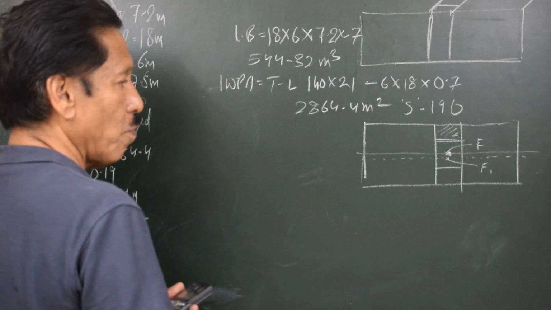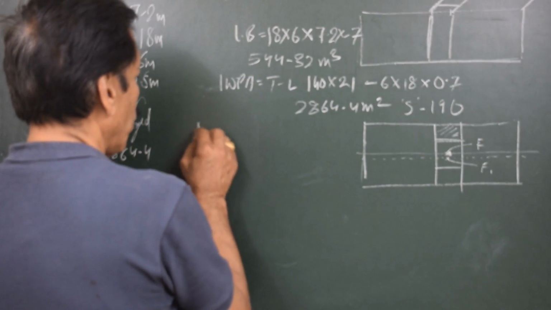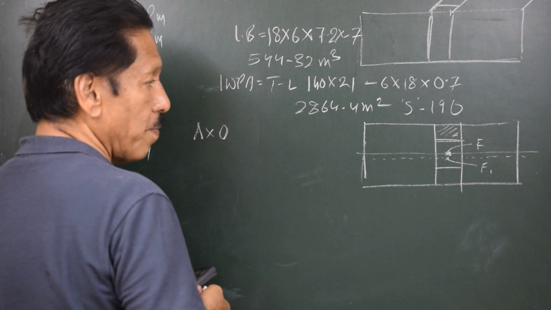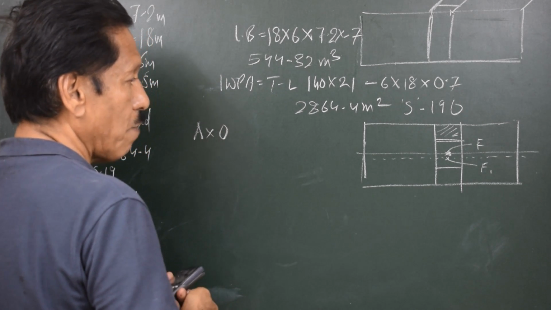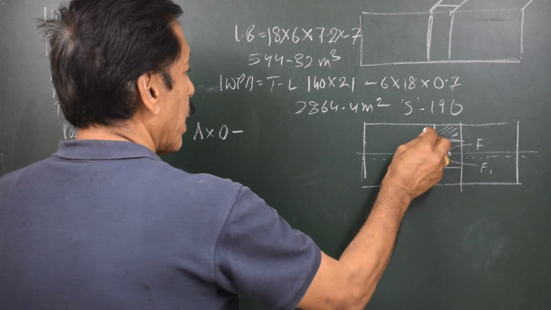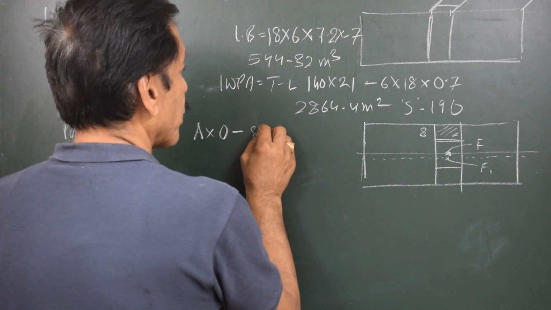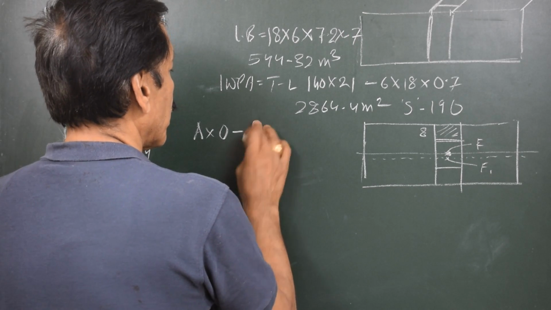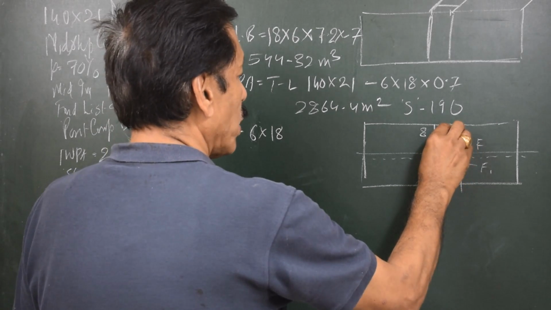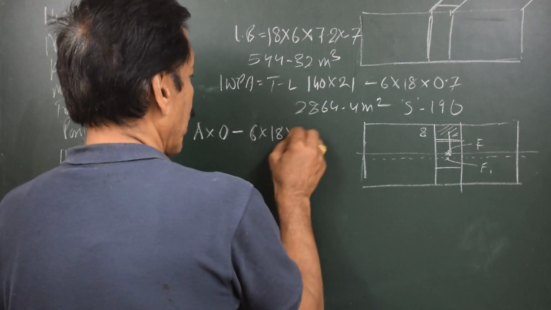To find out FF1, we have the same strategy. We take the moment of the whole area about the center line. So the distance will be 0 because the distance from the centroid to the reference axis is 0. So A into 0, minus the dimensions of the damaged compartment, that is 6 into 18, and what is the distance up to the center line? 4.5 plus 3, that is 7.5.